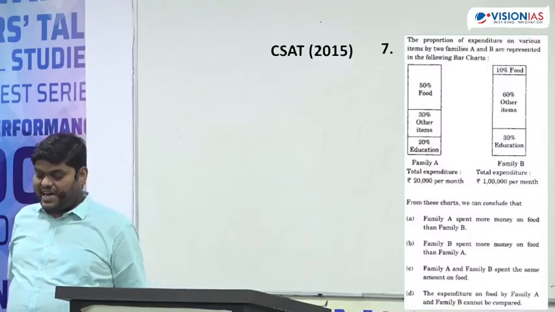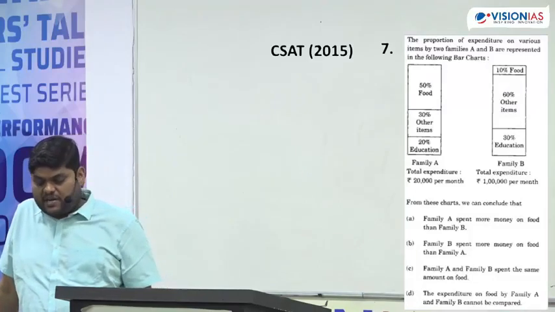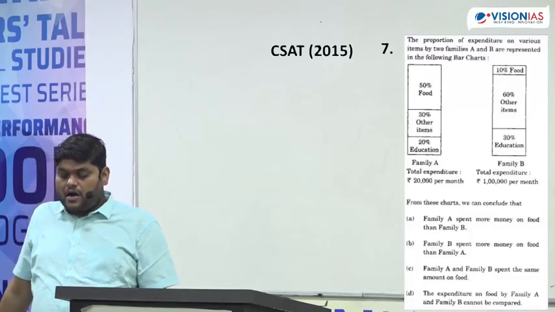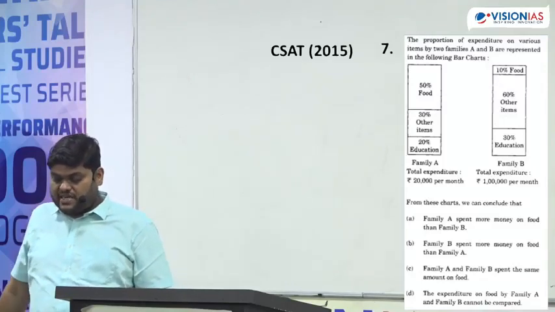Now it is given that family A expenditure on education is 20%, other items is 30%, and food is 50%.